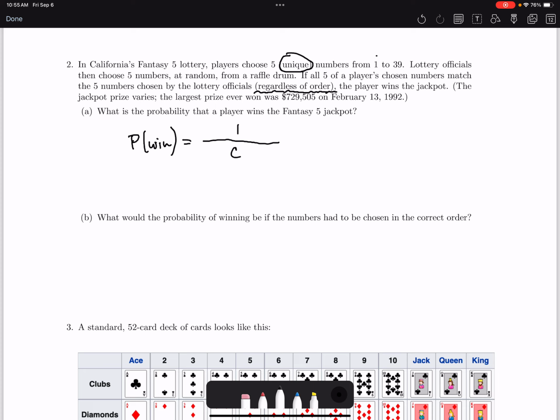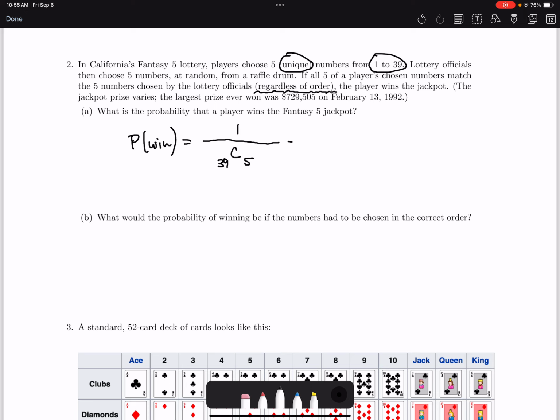Okay, so this is a combination. We're picking numbers from 1 to 39, so there are 39 possibilities, and we need to choose 5 of them to play the game. So this is 1 over 39 choose 5. And you could punch this into the Desmos calculator to figure out how much this is.